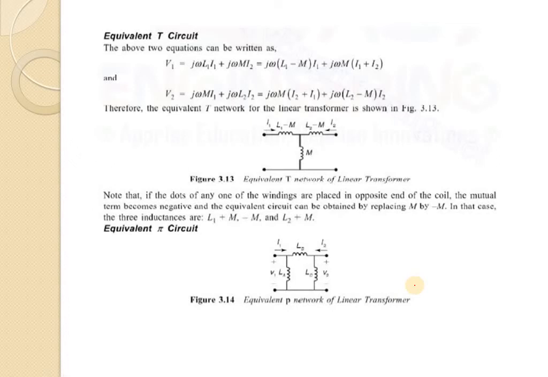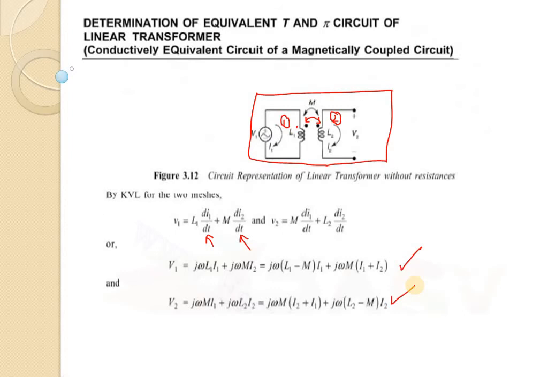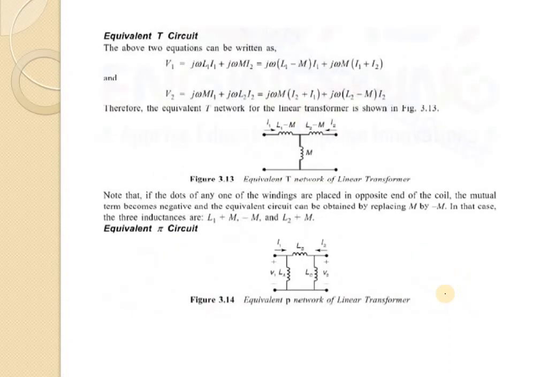Now we want to convert it into a T circuit. For making a T circuit, we have taken the two equations of V1 and V2, this one and this one, and written them here.